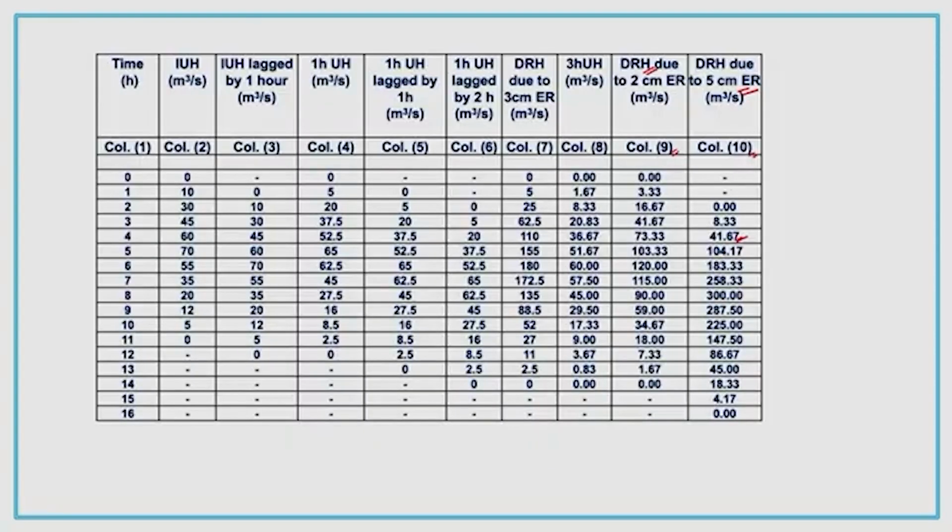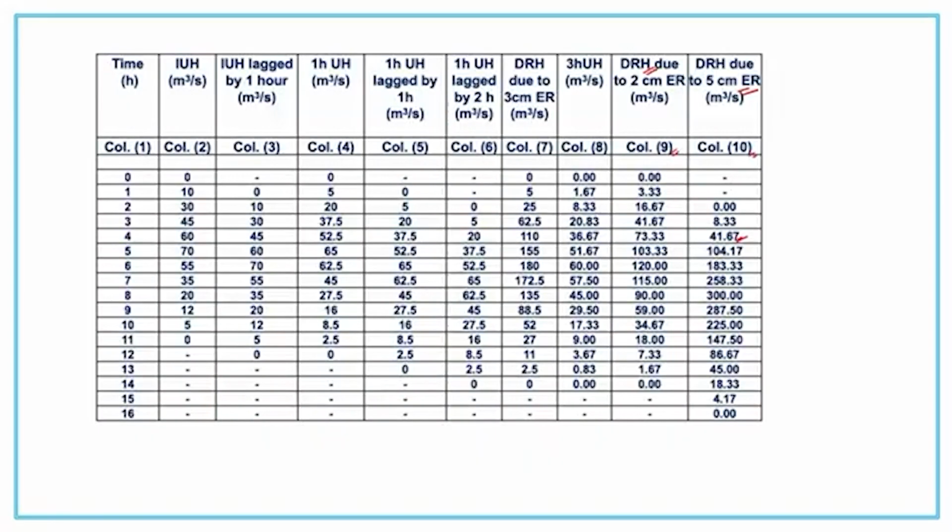So, after 2 hours we are having the effective rainfall of 5 centimeters, and the initial 2 hours are for the 2 centimeter rainfall. The DRH due to 5 centimeter effective rainfall is obtained by multiplying the ordinates of the unit hydrograph by 5.